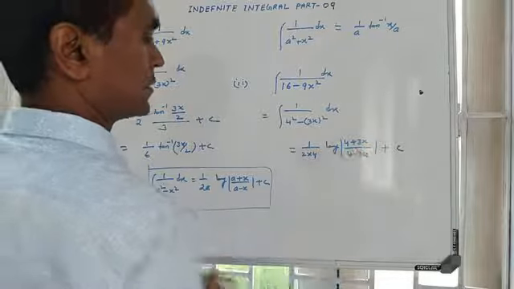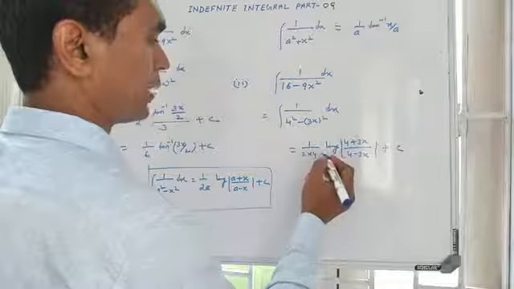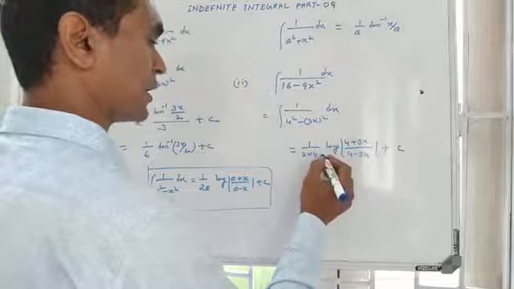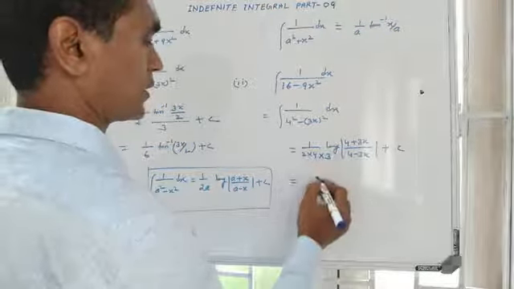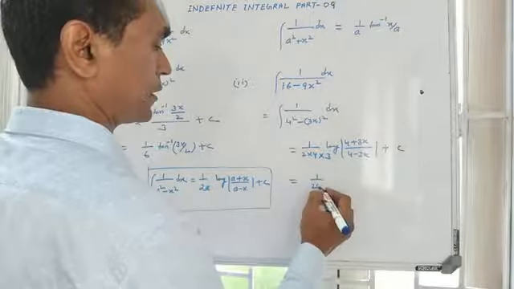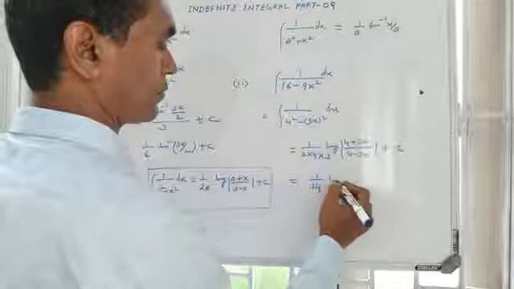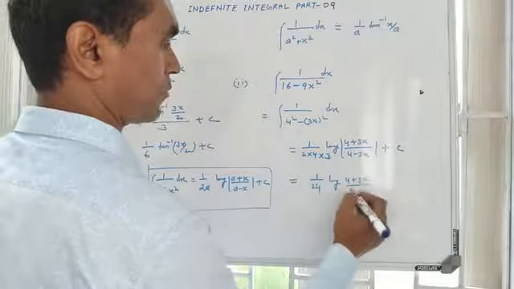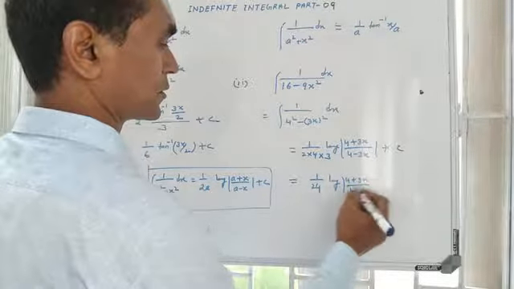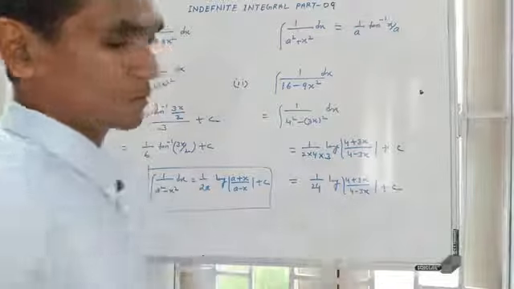Here x is 3x, so we have to divide by coefficient of x, that is 3. So 1 by 24 log of 4 plus 3x by 4 minus 3x, plus c.